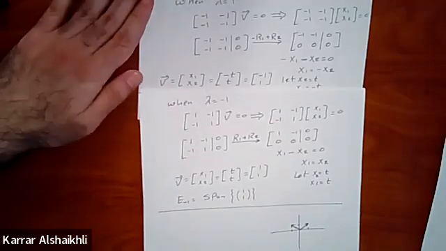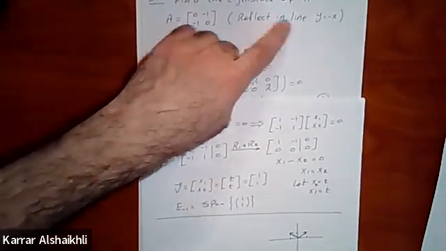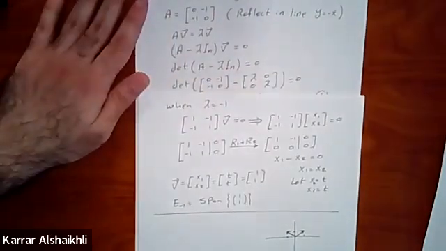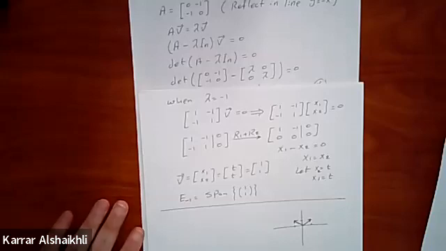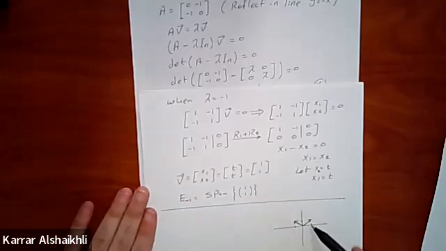So when I did these steps, I didn't confuse myself about what they say here, reflect in the line y equals -x. Because I have the matrix, I need to find the eigenvalue and go ahead and find the eigenvector. Just do the same steps. Check when you graph it.